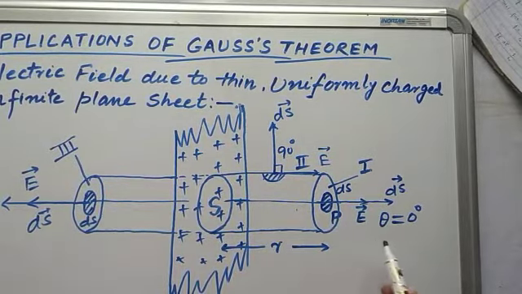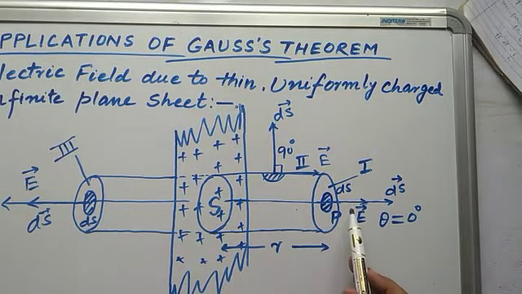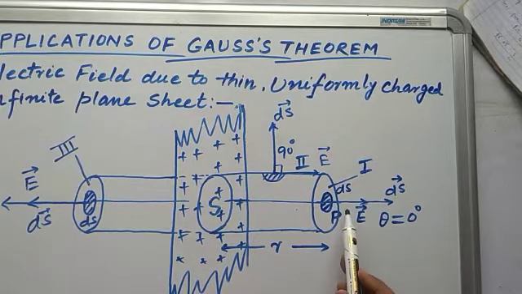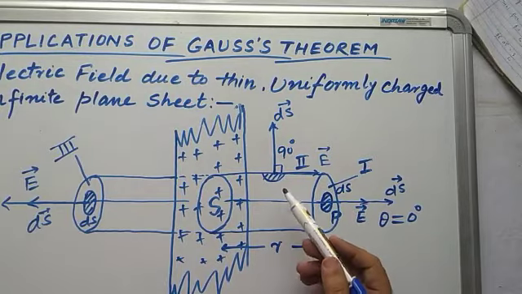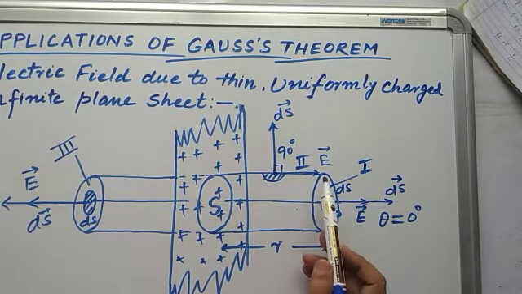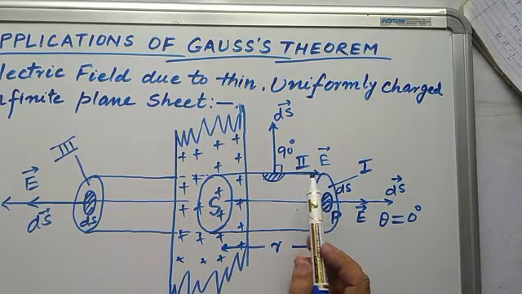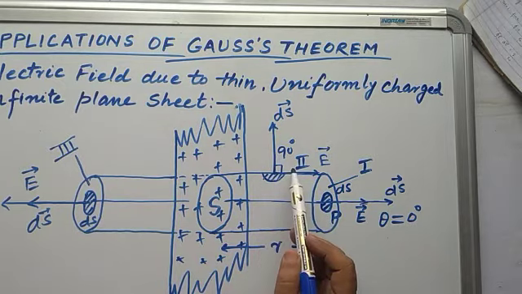Once again we can divide the whole Gaussian surface into 3 sections. Section number 1, at which the angle between the electric field vector and area vector is 0 degree. Section number 2, curved surface, the angle between the electric field vector and area vector is 90 degree.